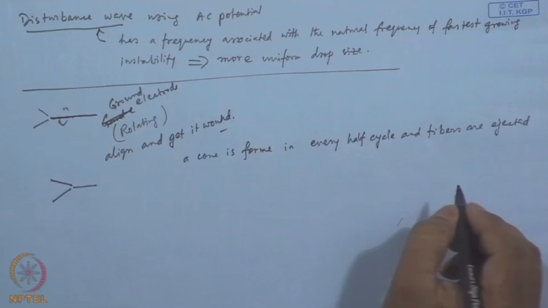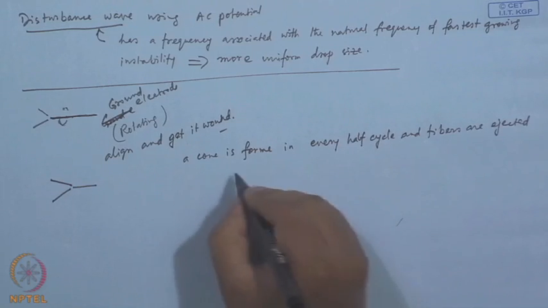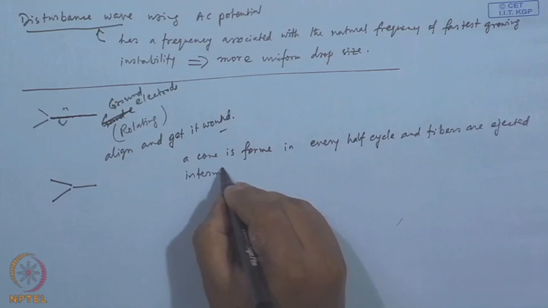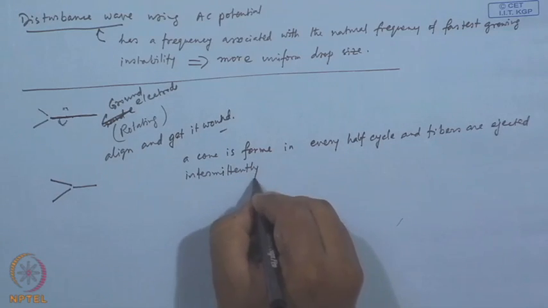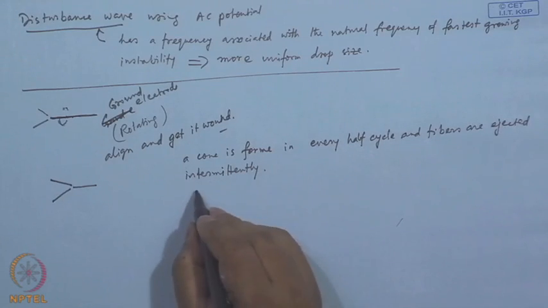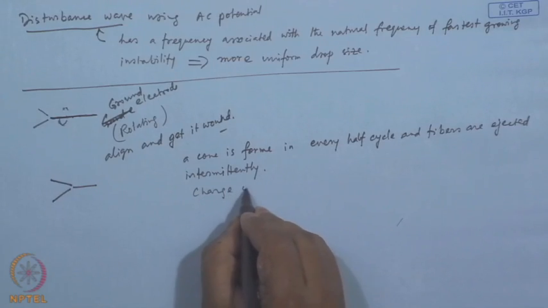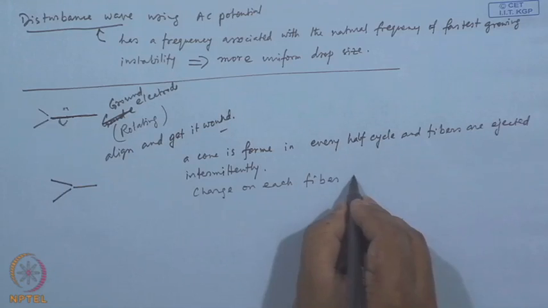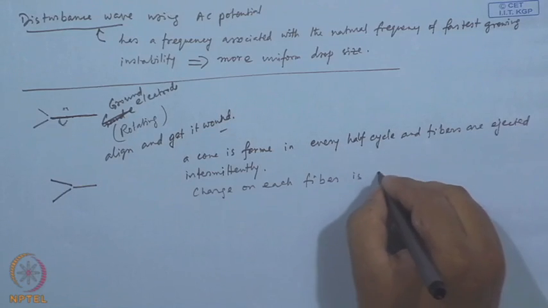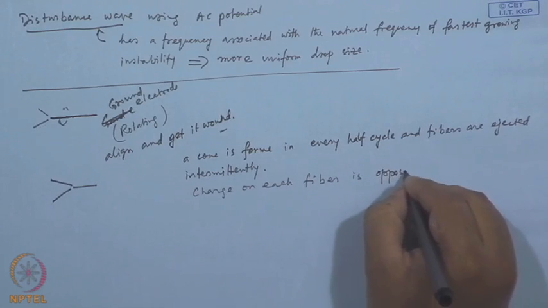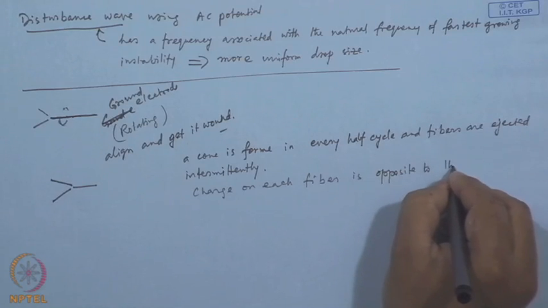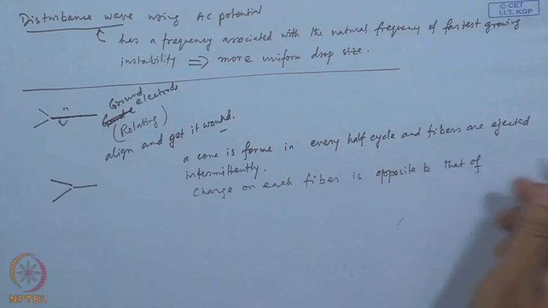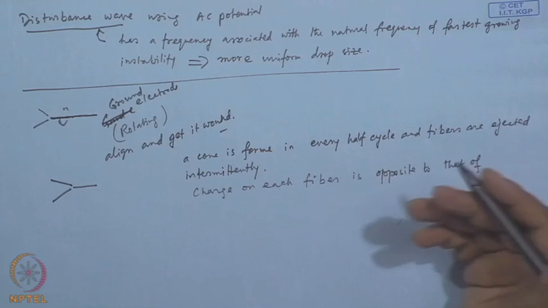intermittently. And moreover, the charge on each fiber is opposite to that of the earlier fiber that has come out, because there is this AC field.